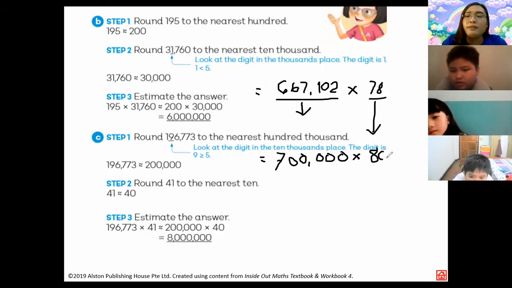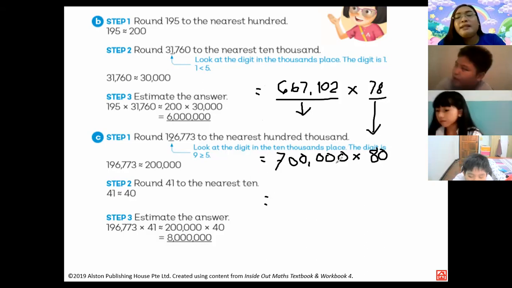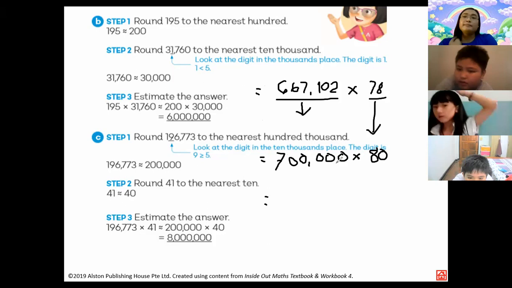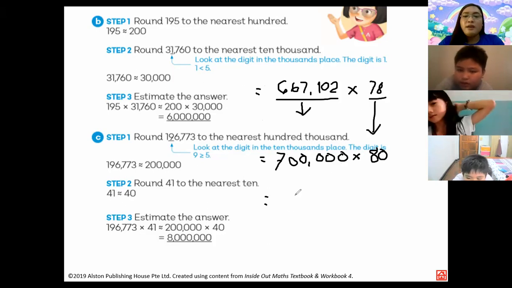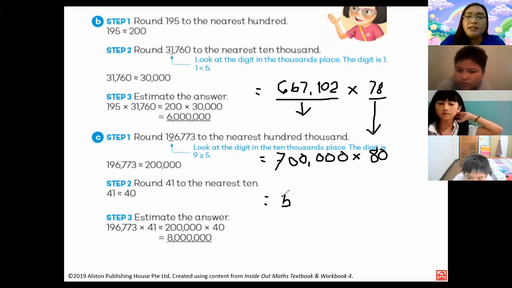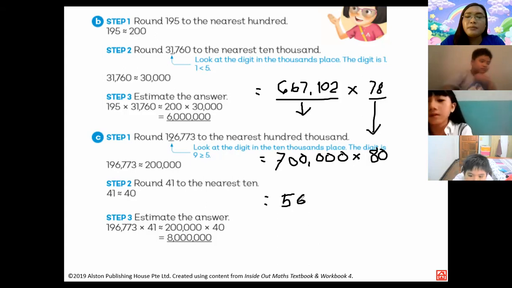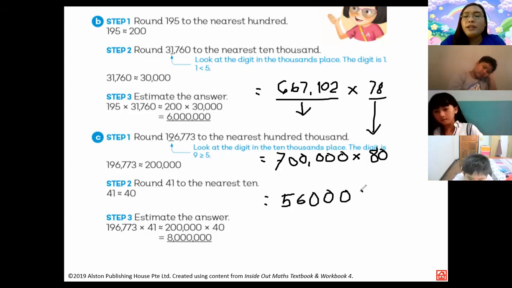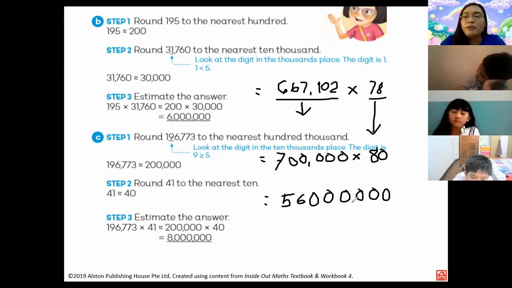Very good. Now multiply 7 and 8. 56. And how many zeros? 6 zeros: 1, 2, 3, comma, 1, 2, 3.